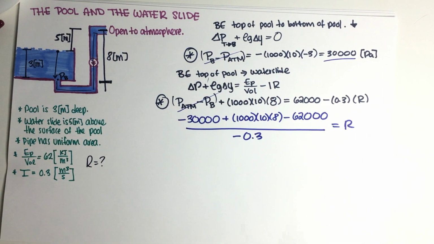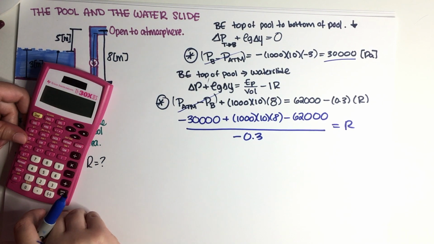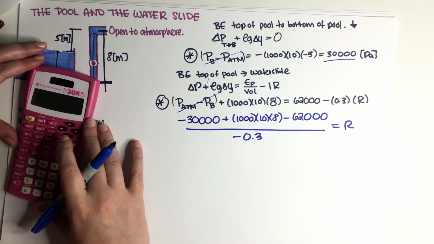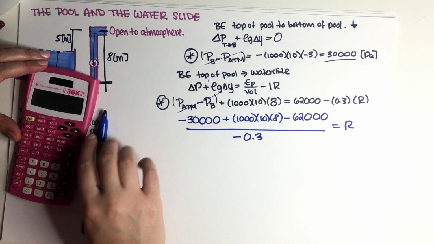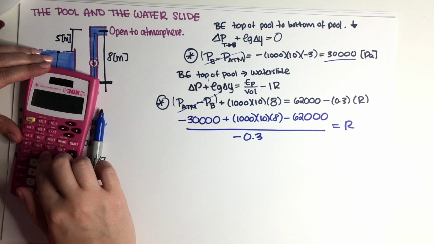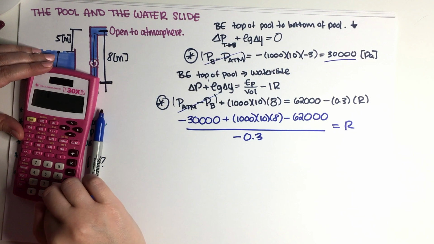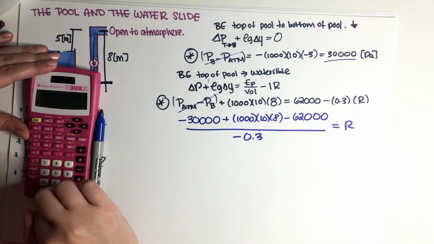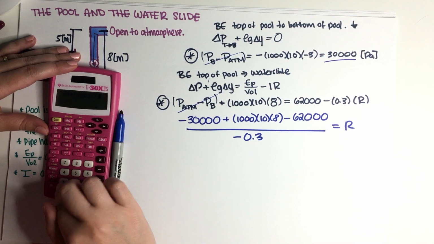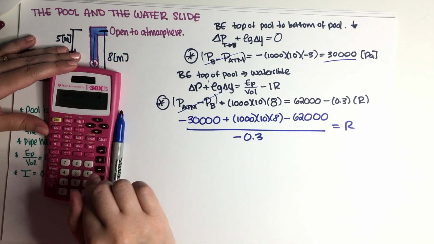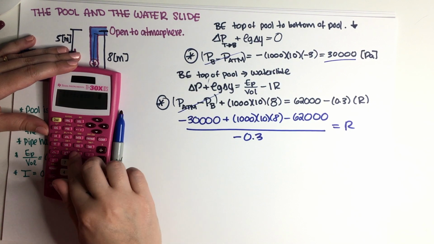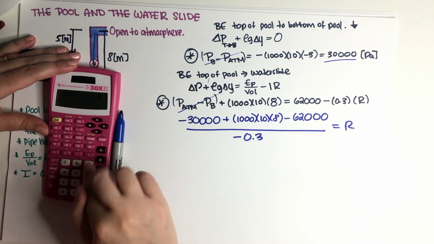So let me just go ahead and grab my calculator. Let's see. So this is negative 30,000 plus 1000 times 10 times 8 minus 62,000, divide everything by negative 0.3.